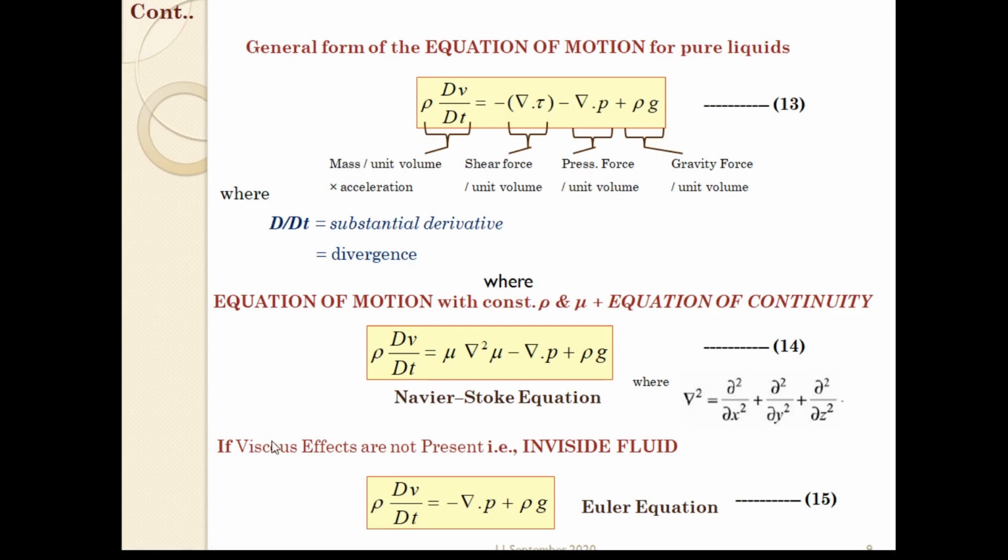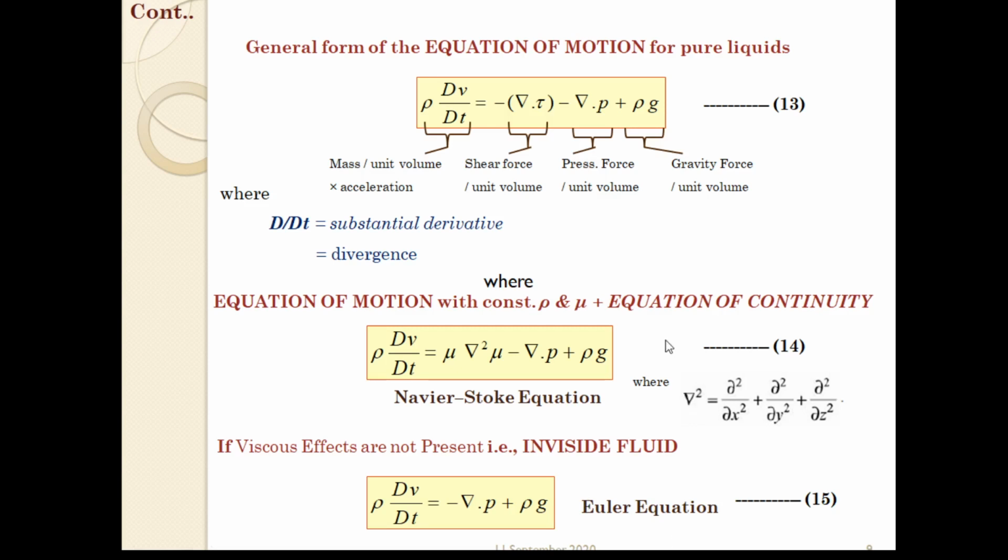Because we don't have any viscous effect, we can cancel this term. So we only have rho dv/dt equals minus divergence P plus rho g, which is also called the Euler equation. So from the equation of motion, we can get the Navier-Stokes equation as well as the Euler equation.